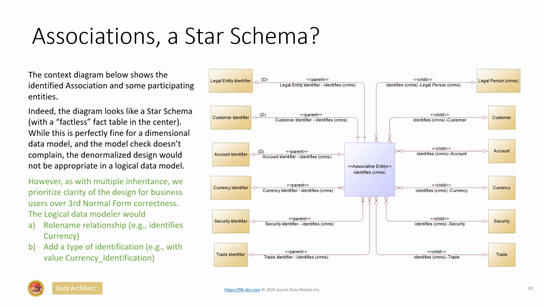And then in the logical data model, you would rename relationships. No? So you can role name them, for example, saying identifies a currency. And or you can add a type of identification with value currency identification. No?